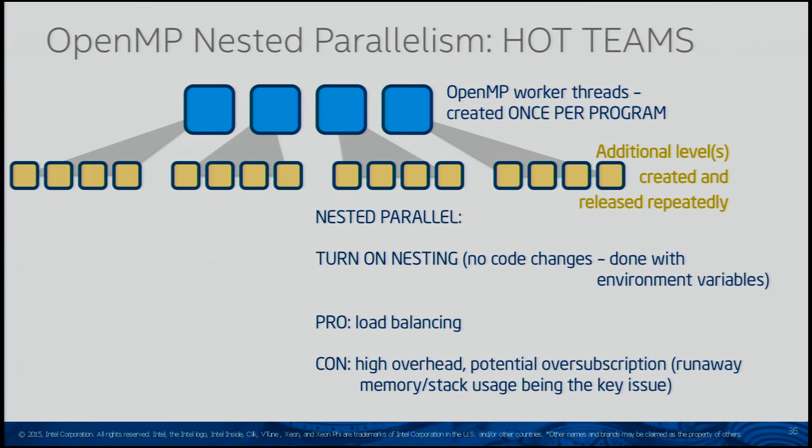Because the implementations have kind of assumed this is an aberration. You don't want nested parallelism in OpenMP. And that's the way we've done it at Intel as well. And so that overhead actually guarantees pretty much that OpenMP nesting is going to be low performance. The whole idea of blowing out memory and explosions is a problem.